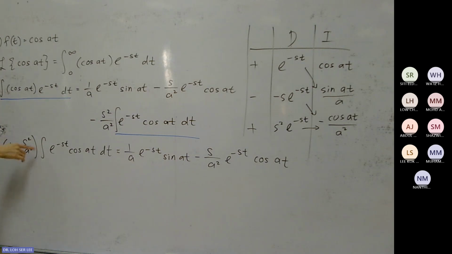When we combine this, you have a squared plus s squared over a squared, right?